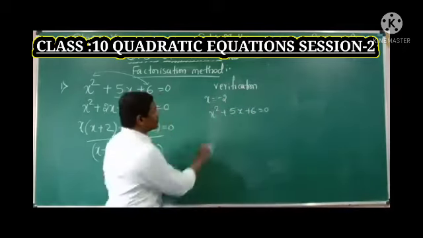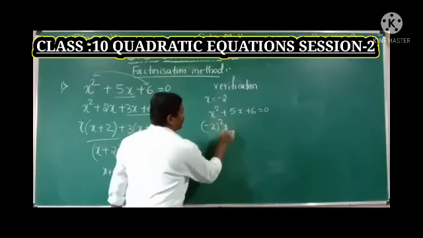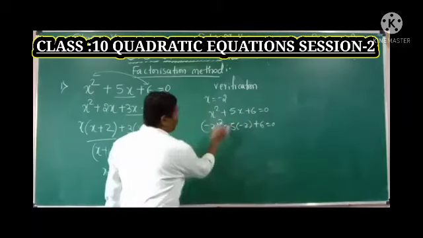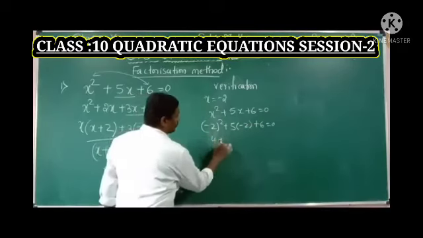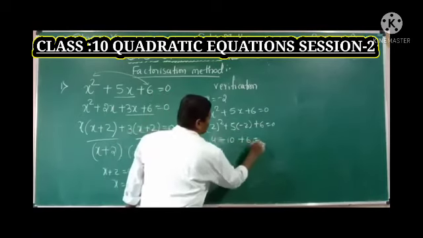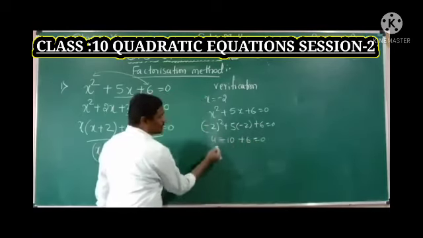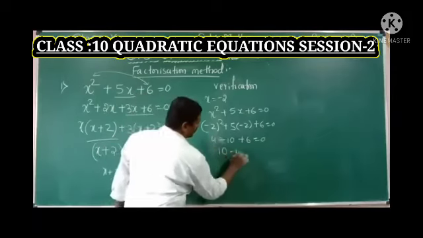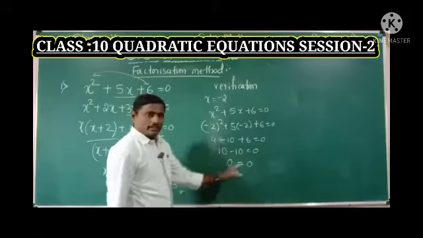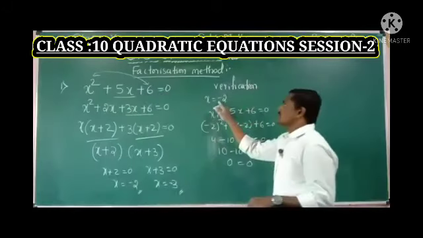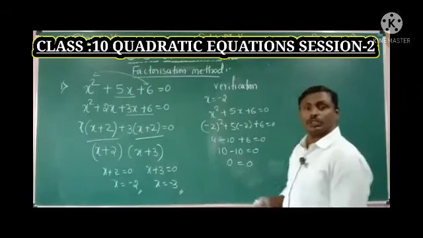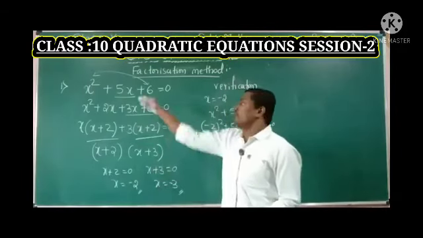Minus 2 square plus 5 into minus 2 plus 6 is equal to 0. Minus 2 square is 4, plus 5 twos are minus 10, plus 6 is equal to 0. Now 6 plus 4 is 10, minus 10 is equal to 0. So 0 is equal to 0. LHS is equal to RHS, which means x is equal to minus 2 is one of the solutions, or zeros, of the quadratic equation.